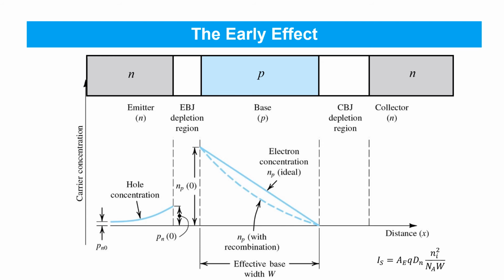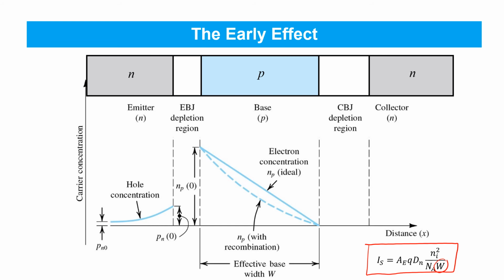There is some weak dependence of collector current on collector base voltage. And the reason stems from this relationship here. You may recall that the emitter current and collector current depend on the scale current, which is in turn inversely proportional to the width of the base region.